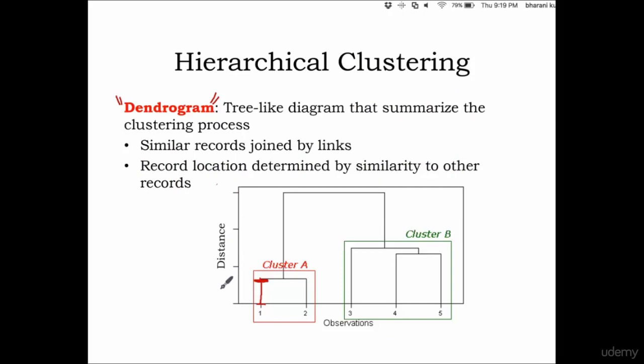Here on the y-axis you have the distance. Say this is 0, this is 0.5, this is 1, this is 1.5, in that way. That's the distance measure. So the distance between records 1 and 2 is given using this distance.